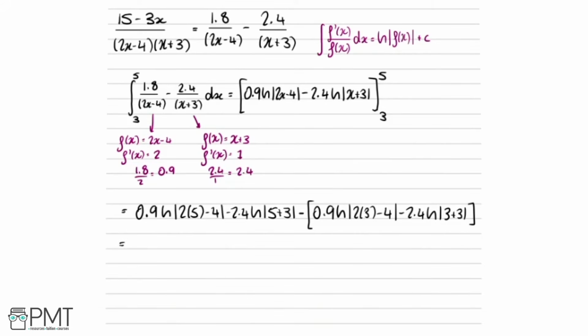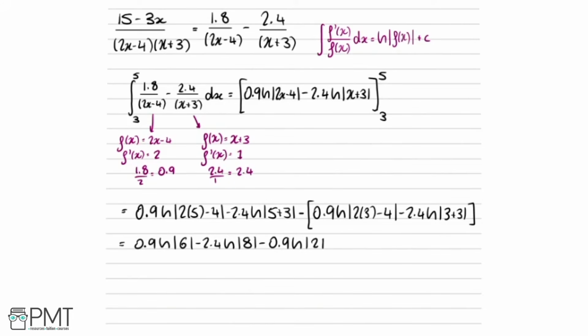So tidying this up a little, we'll get 0.9. And then inside the modulus sign here, we'll get 2 times 5, so that's 10 minus 4, so we get 6. Minus 2.4, and then we get 5 plus 3, so that's 8. And we're going to subtract both terms here. So we're going to get minus 0.9, the natural log. And evaluating this, we get 2 times 3, so that's 6 minus 4, so we get 2.